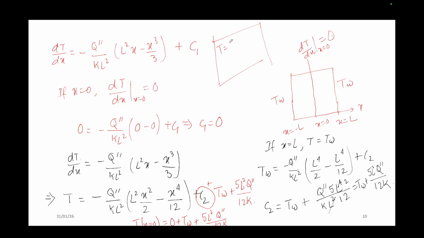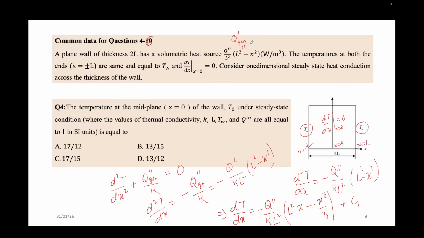So T is 1 plus 5 into 1 into 1 by 12. So doing LCM, you will get 12 plus 5. So your correct answer is option A. So you got it?